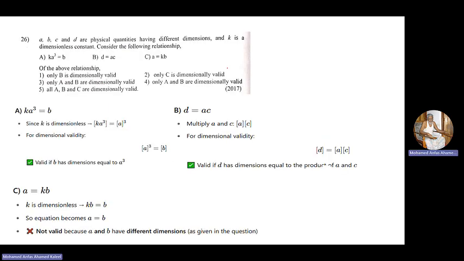Question number 26. A, B, C, and D are physical quantities having different dimensions.